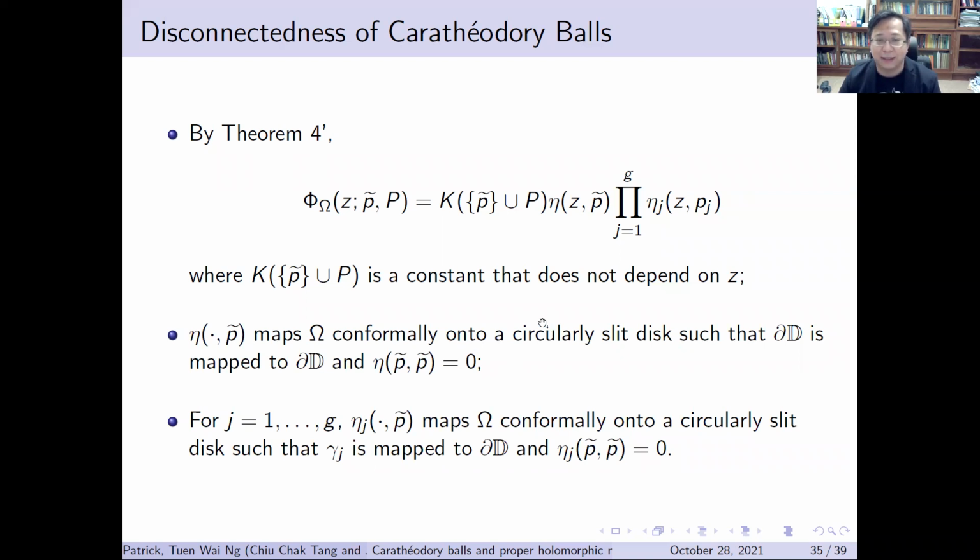Of course, we know that, for example, this one, if you replace that by P tutor, will be equal to 0. And here, if you replace a set by Pj, it will also equal 0. So this is the conformal map which maps the unit circle to the unit circle, and this one is the conformal map which maps gamma j to the unit circle.